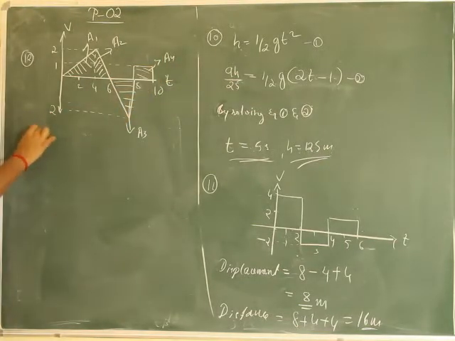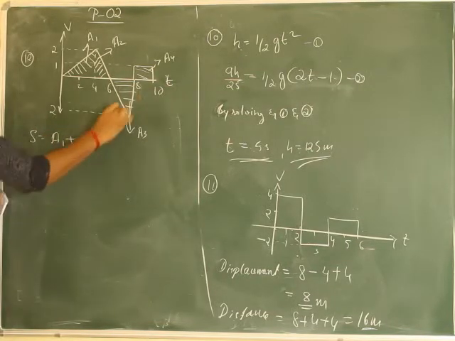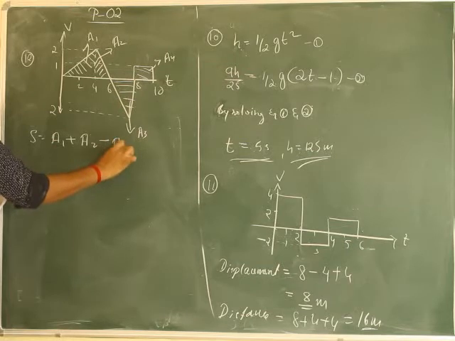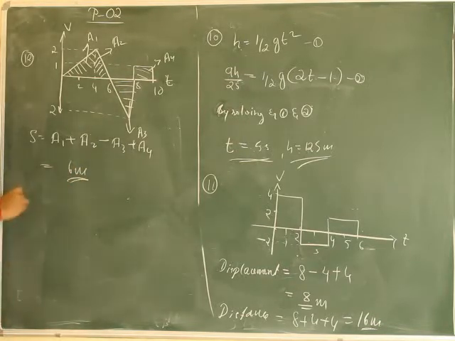That means displacement S equals A1 plus A2, this one is in the negative coordinates, minus A3 plus A4. So your final answer should be 6 meter. Check. It's like the previous question. A direct one. Fine.